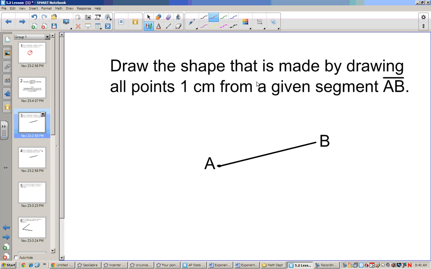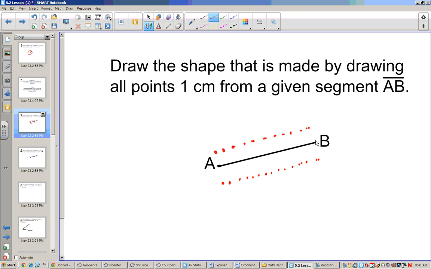So now if we want to find the shape that's made by drawing all the points 1 centimeter from a segment, let's just say that's about 1. So we can draw all of these points, and then we'll draw all the points down here. Those are all 1 centimeter away from the segment AB.